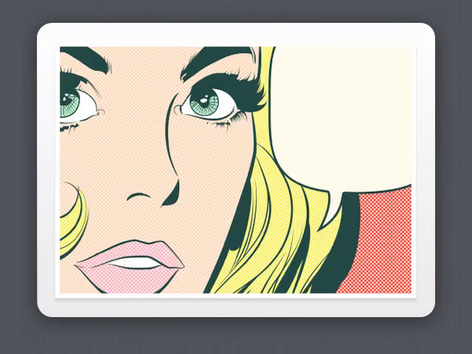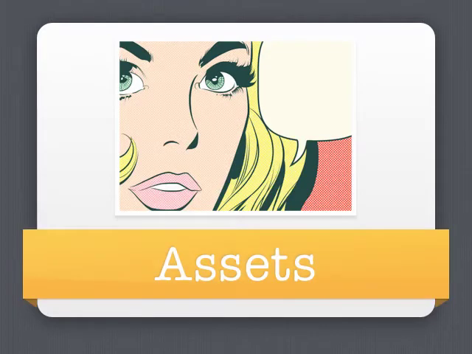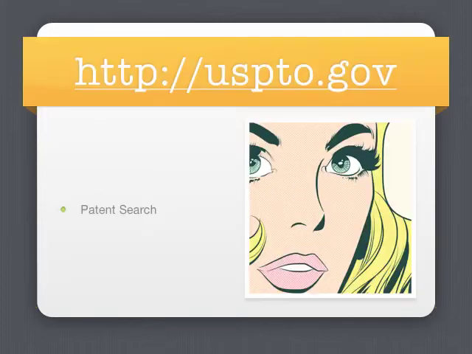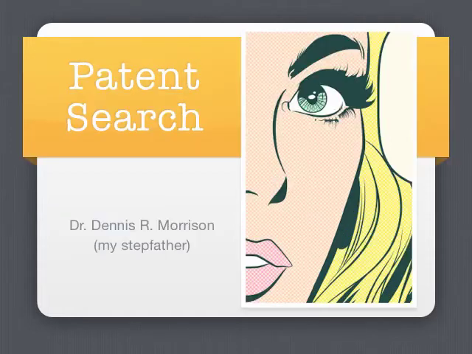And I was thinking, okay, I have to come up with a great story for my stepdad. And what are his assets? His assets are the fact that he has a bunch of patents. So I'm going to go ahead and just do the patent search on him at uspto.gov and see what I come up with.